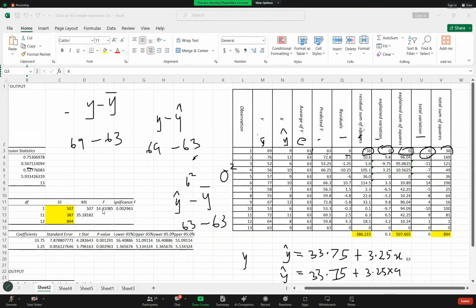Then when you add all these values, you can have the residual sum of square.